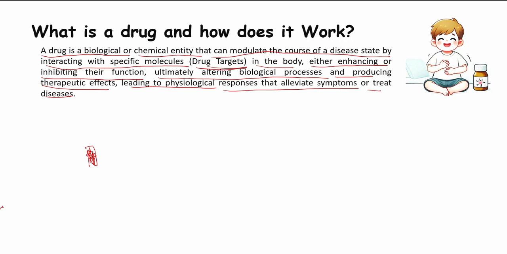They can be synthesized or created biologically, like the vaccines or antibodies. So this drug molecule can modulate the course of a disease state by interacting with a specific molecule called a drug target. So there is something called a drug target where this drug molecule will interact.